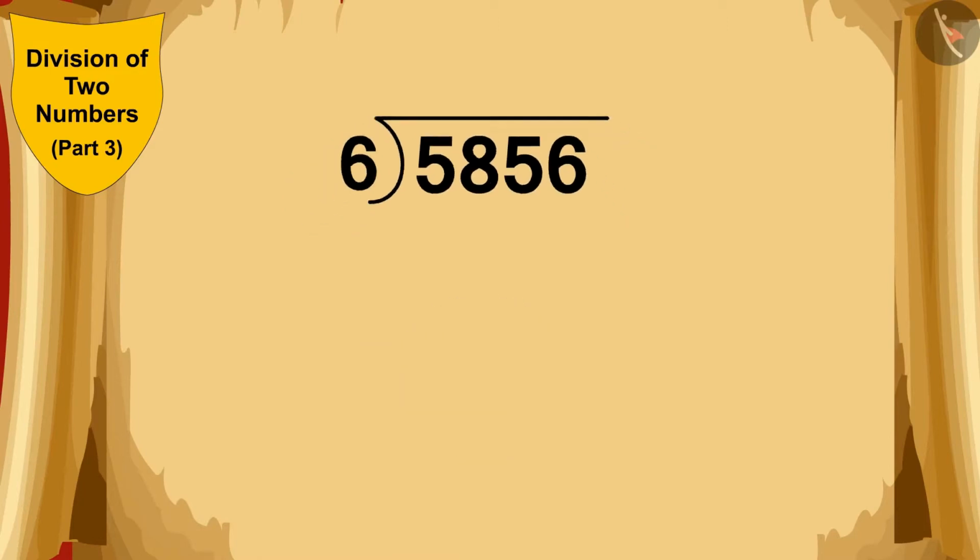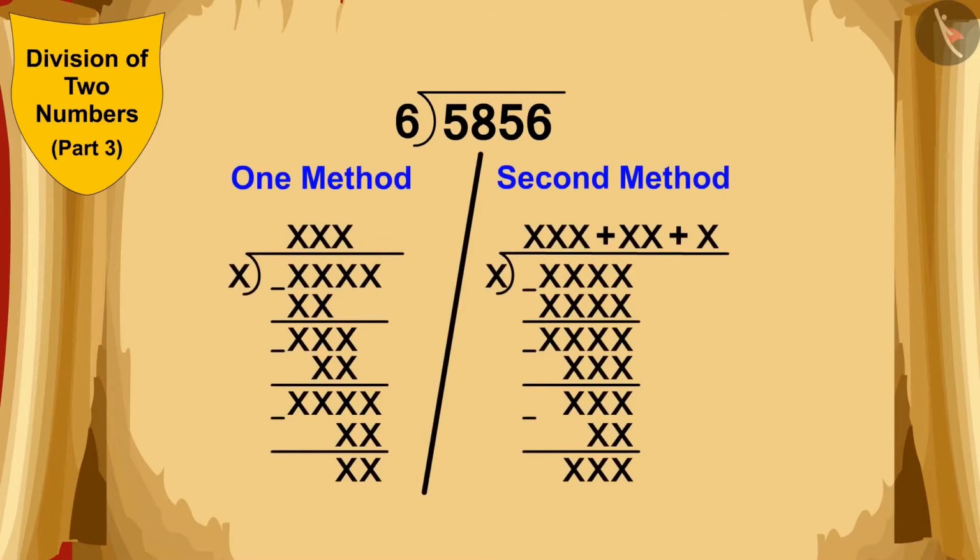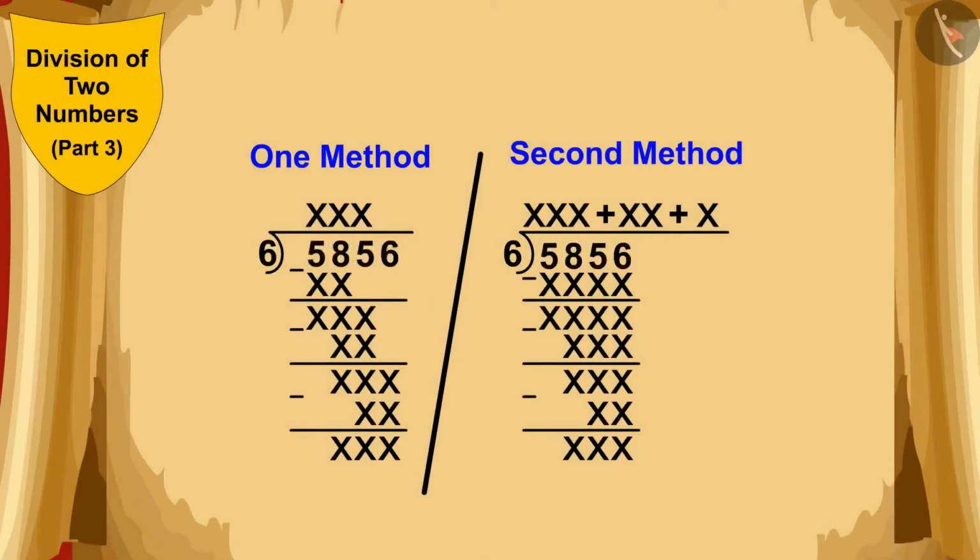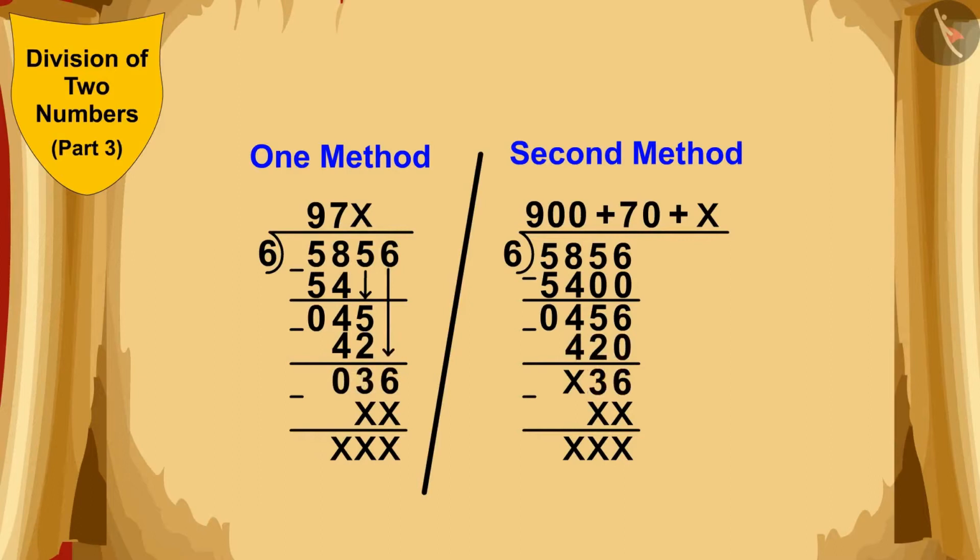To solve this problem, you should use one method of division and ask your friend to divide it by another method. Is the answer that both of you got exactly the same? We can find a solution to this question by these 2 procedures.